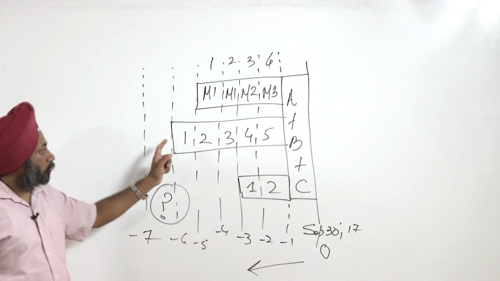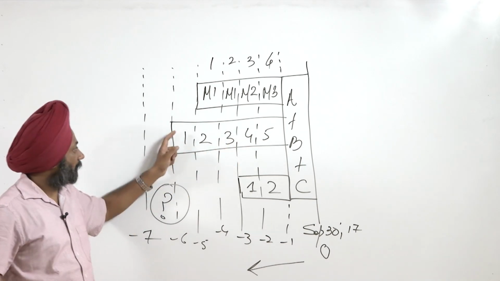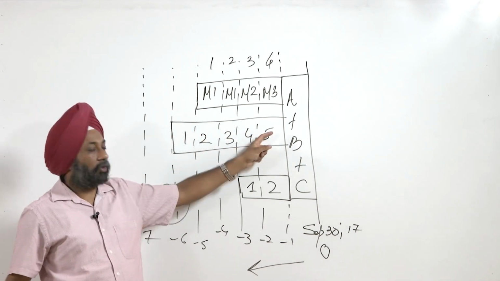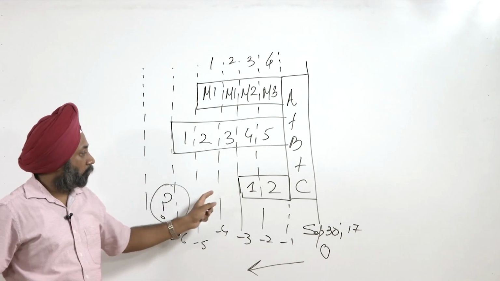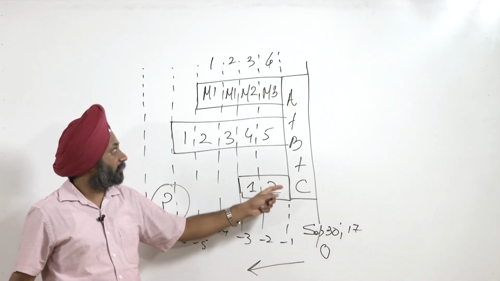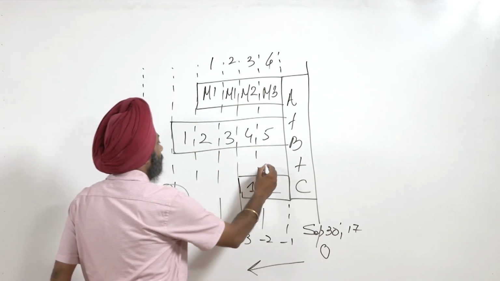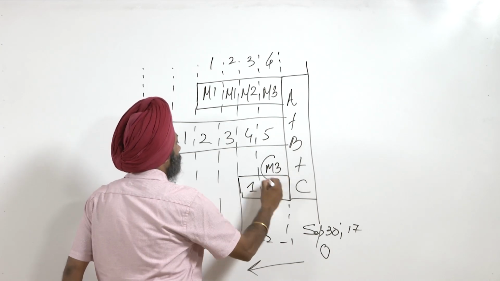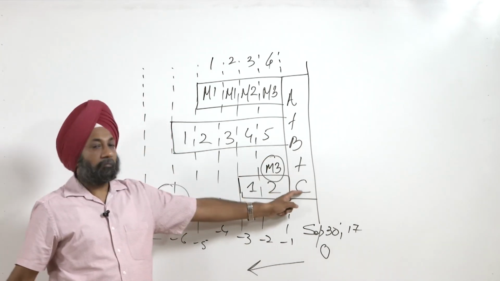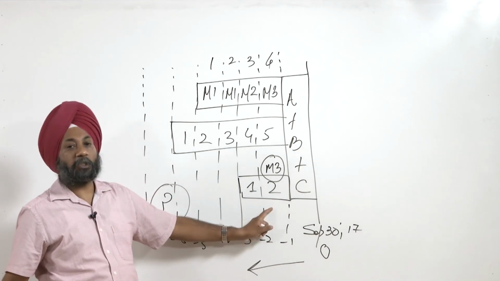We can also note down the machines required for various operations on component B. We can also note down the machines required for component C, and suppose I say that machine 3 is also required for component C on this particular day.